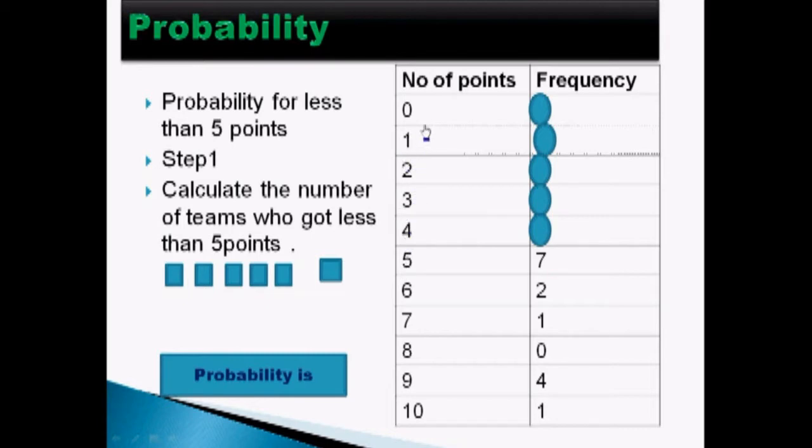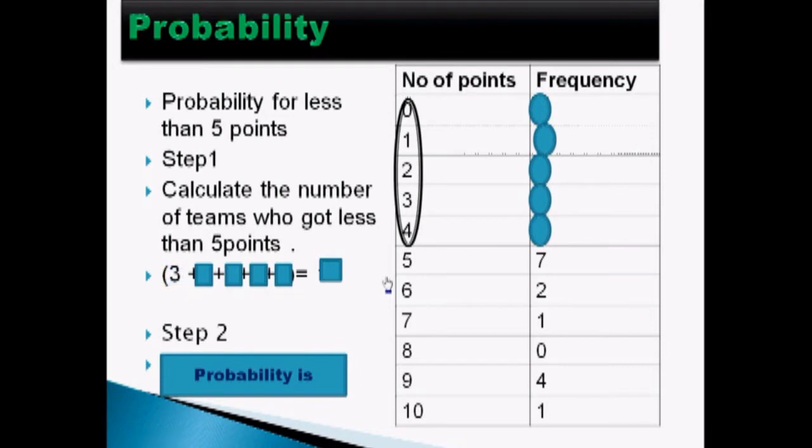So we want to find then the number of teams who got less than 5 points. Now the first thing then, so our second step then was to identify the points that are less than 5.